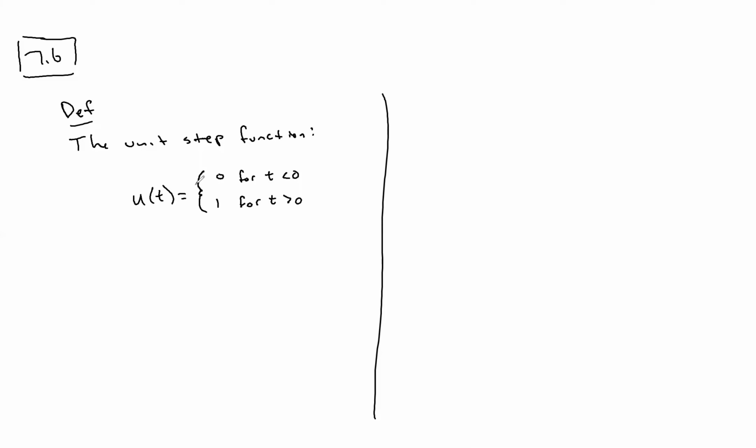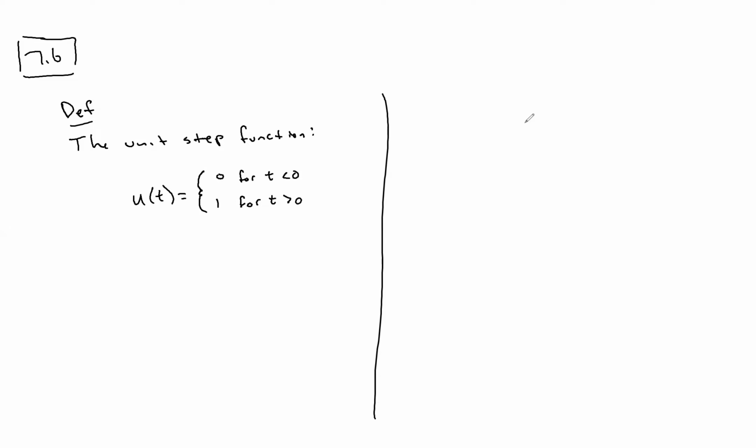It's a pretty simple function where it's 0 for all time less than 0, and then as soon as you get to time 0, from then on, it bumps up to 1. So you can think of this as like off and on. It's off for all time less than 0, and then all of a sudden at time 0 it switches to on.